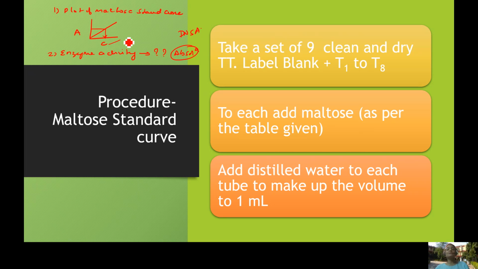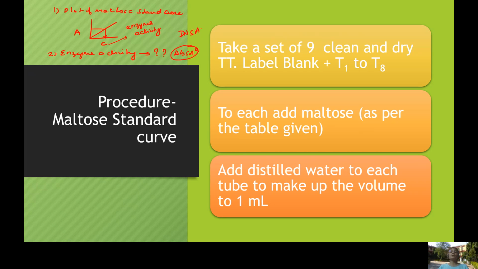And this concentration we will use to measure the enzyme activity. So you can understand that the measurement of the amylase activity will have two steps. As I said, first will be the plotting of the maltose standard curve, and second will be the measurement of the enzyme activity by using the maltose standard curve.